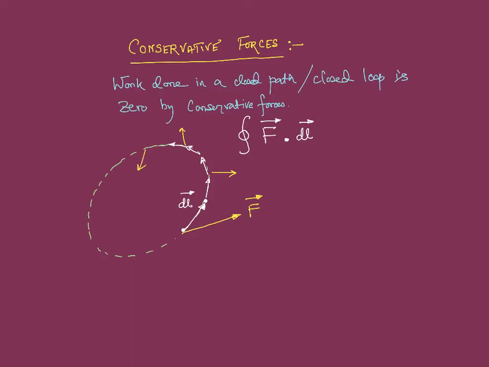So you go on adding these F dot dl, and after that you end up at the starting point where you started. Then the closed integral is equal to 0, then F is a conservative force.